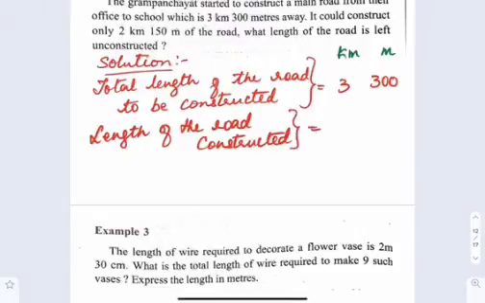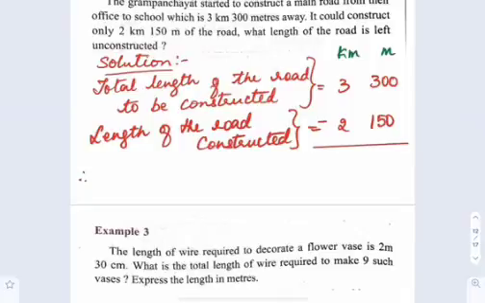What is the length? 2 kilometers 150 meters. We need to subtract 3 kilometers 300 meters minus 2 kilometers 150 meters.